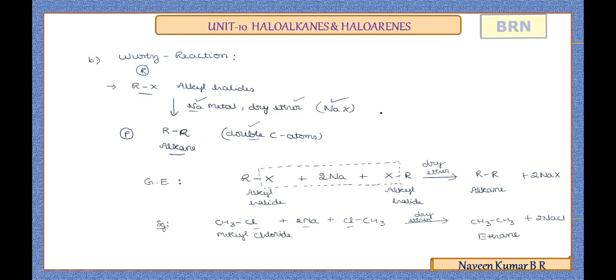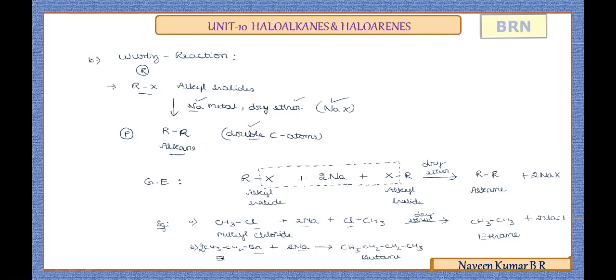So you can show any other example. For example, if you take one more, ethyl bromide, it is CH3CH2Br. So just to show the reactivity, I have considered like this, it will be easier to show the removal. Or else we can show in another way, 2 moles of ethyl bromide reacts with 2 moles of sodium. In the process, sodium will remove the halogen from the alkyl halide, and as a result you are going to form CH3CH2CH2CH3 as an alkane, and this will be butane.